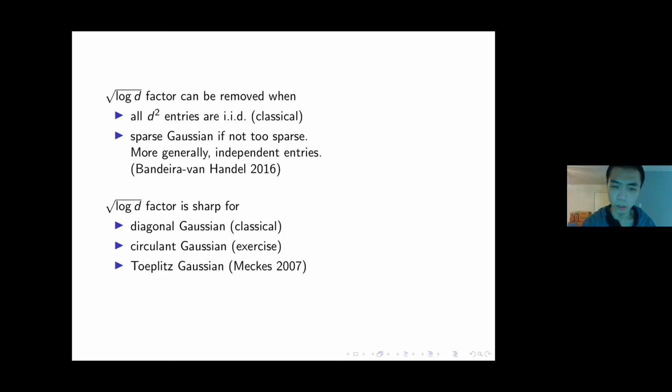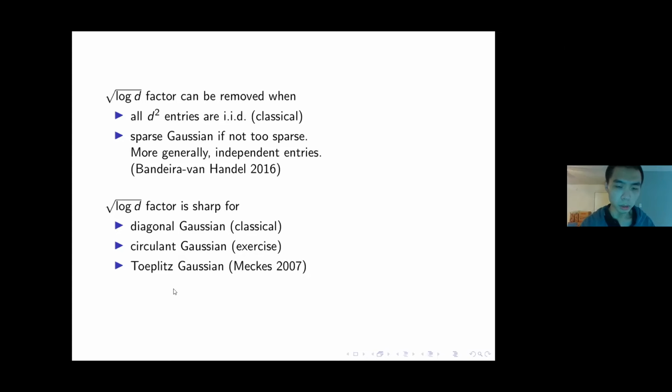Let's say we just set one of the rows or columns to be IID Gaussian, and then the rest of the entries will be determined for the circulant Gaussian. That's going to be a normal matrix, although it's a random matrix, it's a normal matrix. So the spectral norm is not too hard to compute because it's normal.